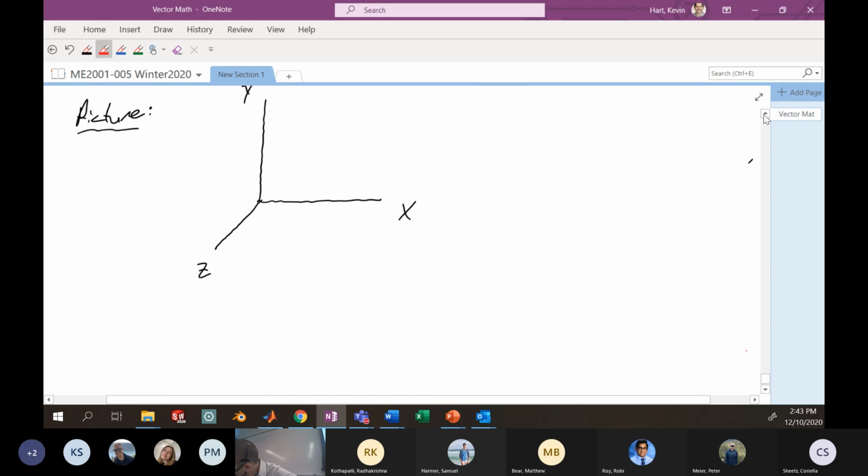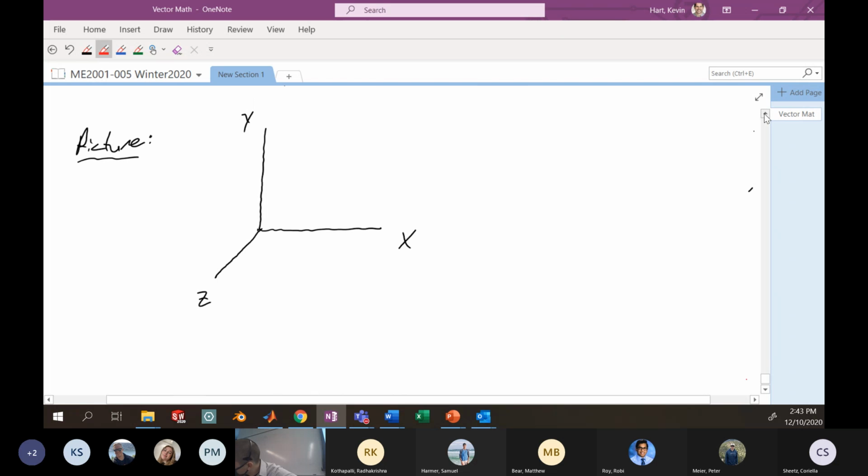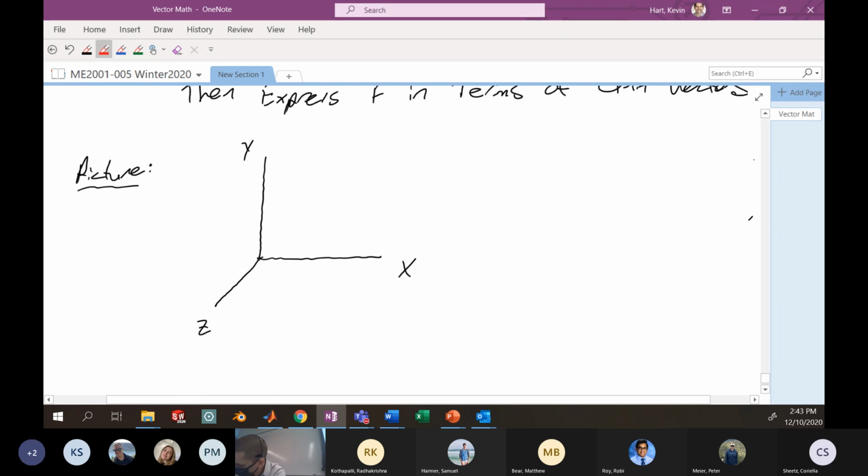I think I would end up with a vector that is pointed slightly backwards into the negative z direction, which looks like this. 500 newtons. This angle is my theta x, the angle between that force and the x-axis, which I'm told is 60 degrees.